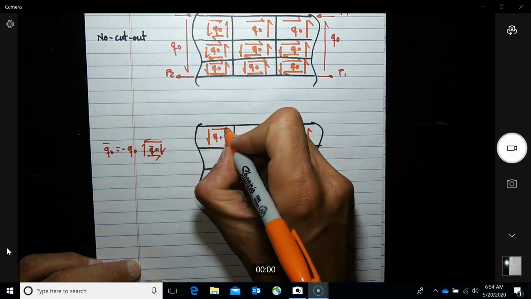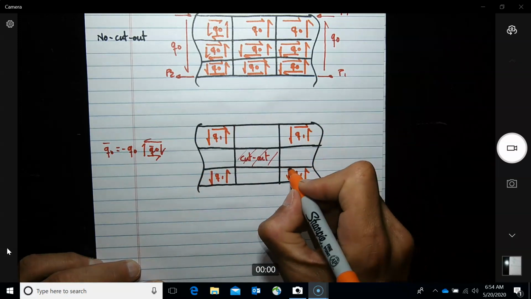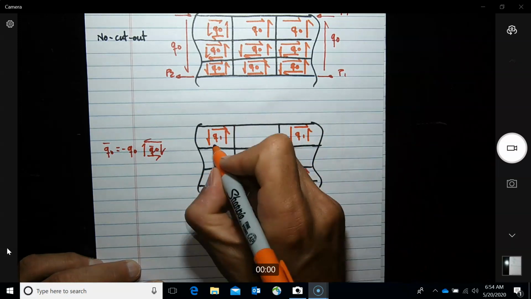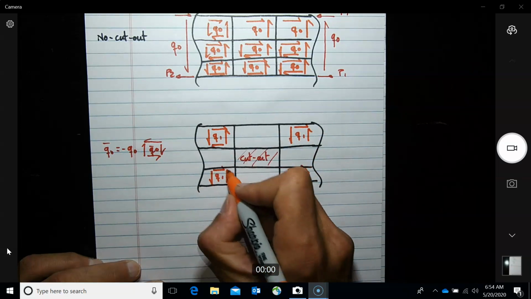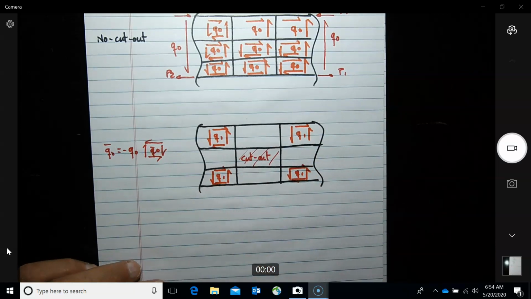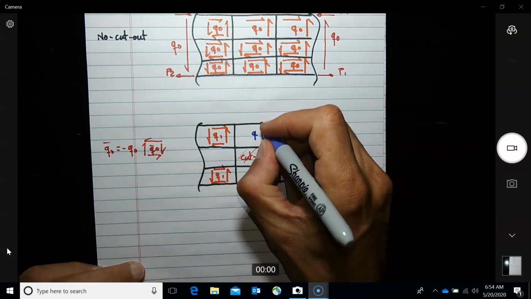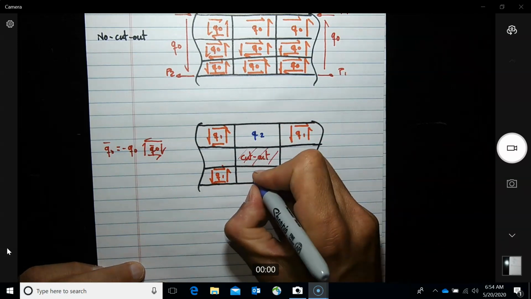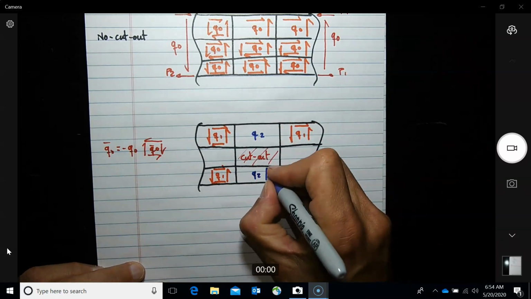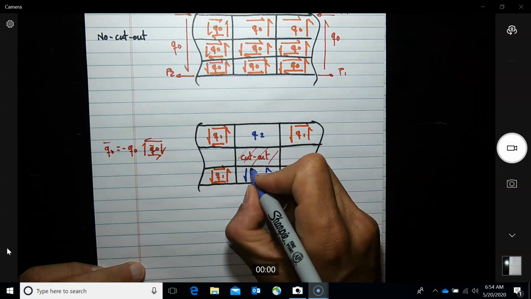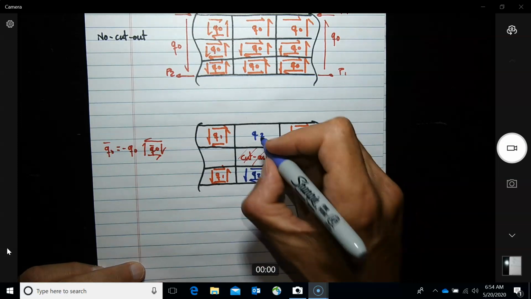And then over here you will have, let's say, a Q sub 2, and by symmetry it will be the same here.